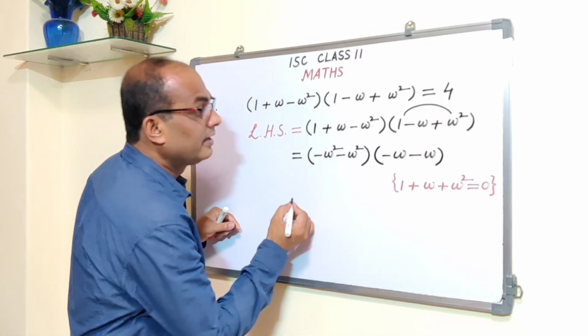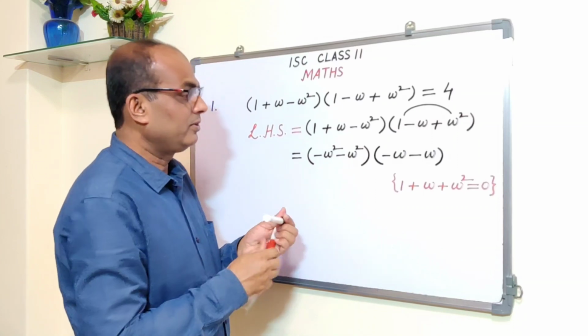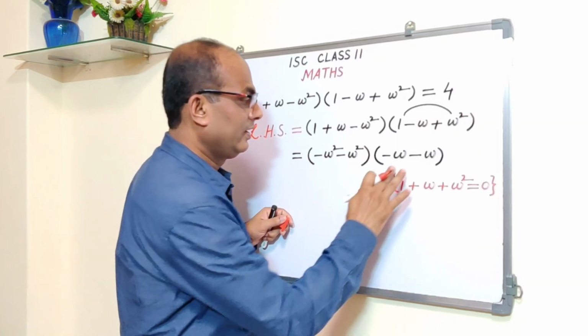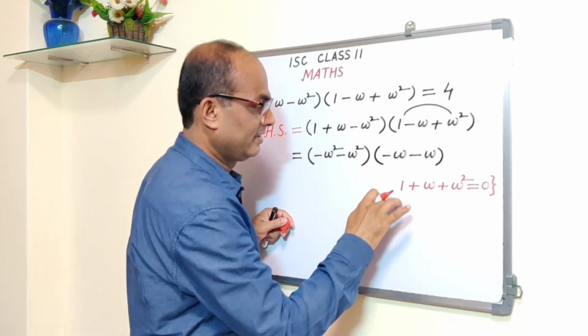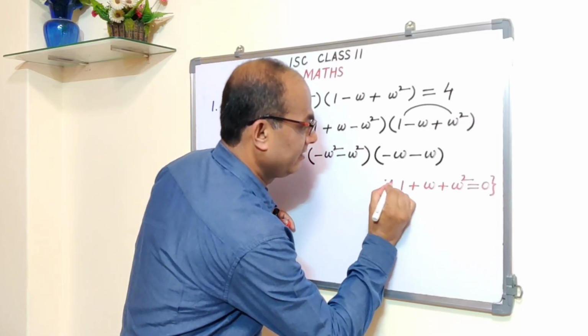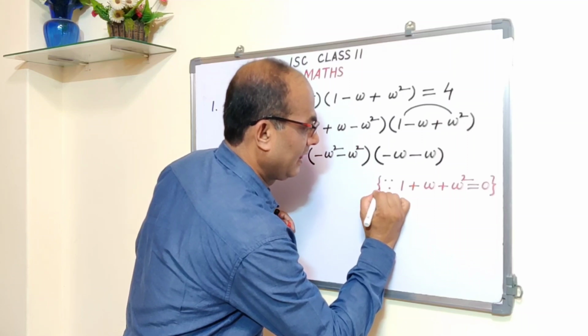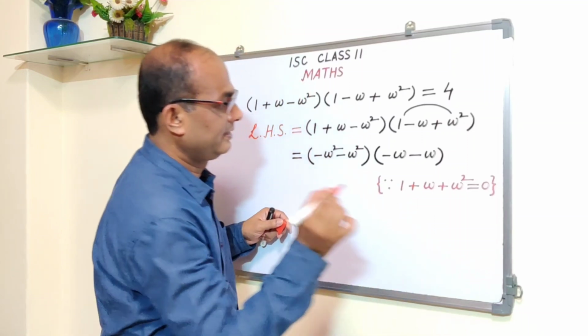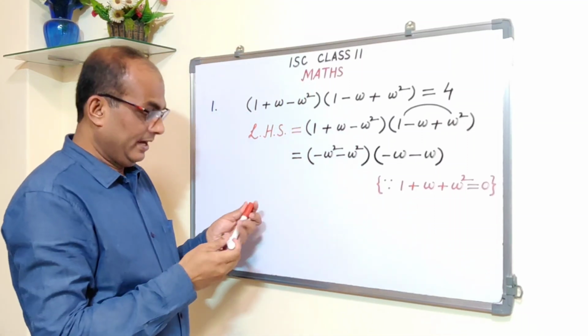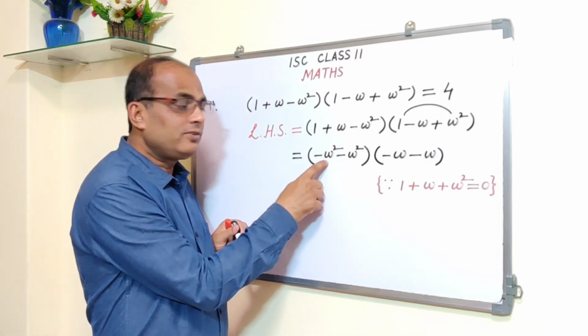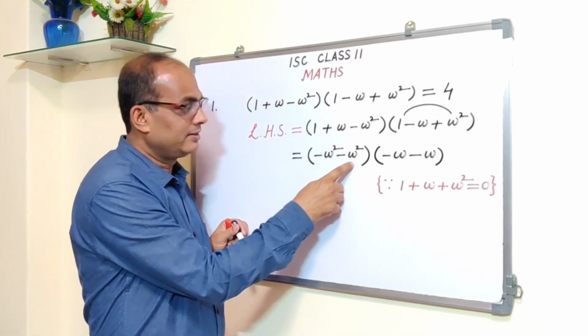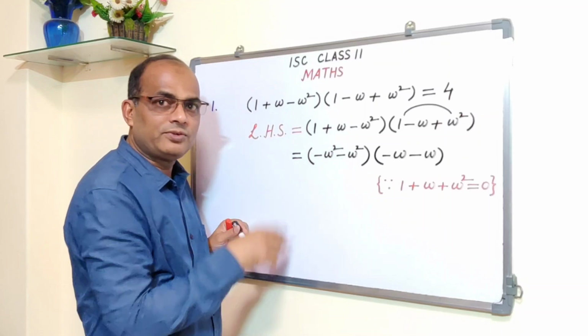You can write down here, since, give complete reason, since. Now minus omega square, minus omega square, minus 1, minus 2.